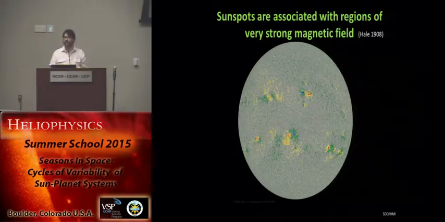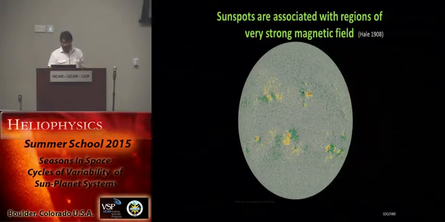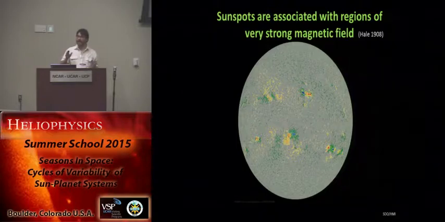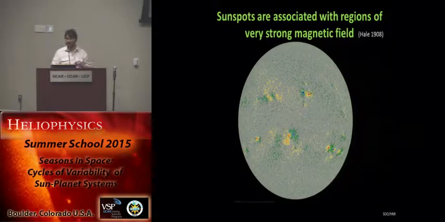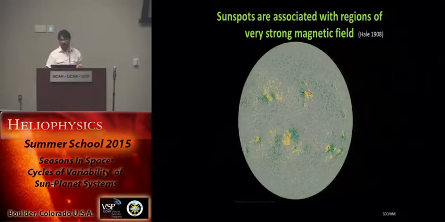So it's a radial magnetic field that goes out of the screen. And the green and blue are magnetic field that is negative, that goes into the screen, away from you. So you can see red and blue indicate the presence of very strong magnetic fields. It's a very nice color scale that they use, and you see that it has a very nice match with sunspots.